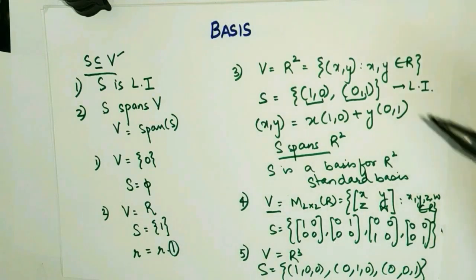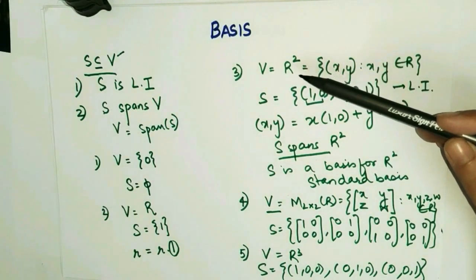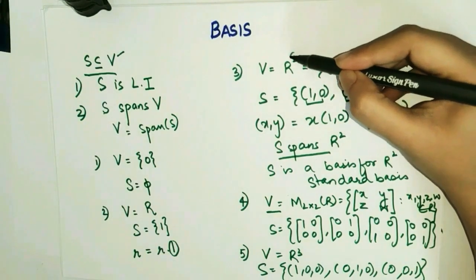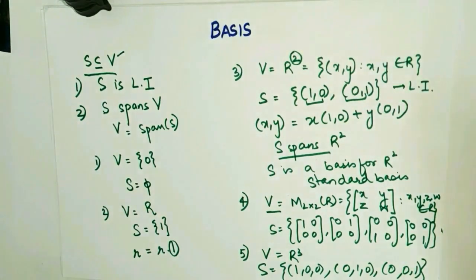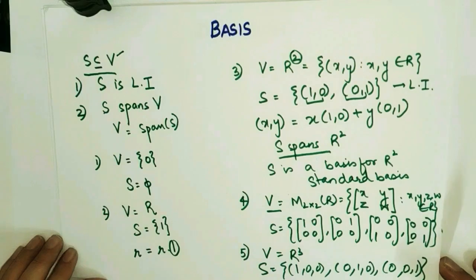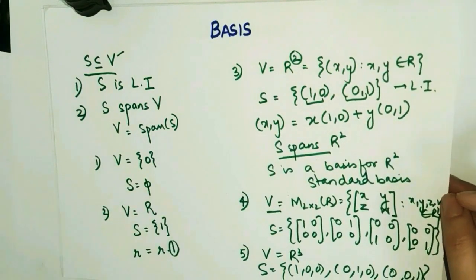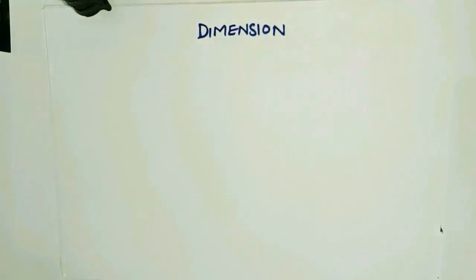Even if R2 has many bases, all of the bases of R2 will contain only 2 elements. Similarly, R3 may have an infinite number of bases, but the number of elements in each of the bases would be 3.